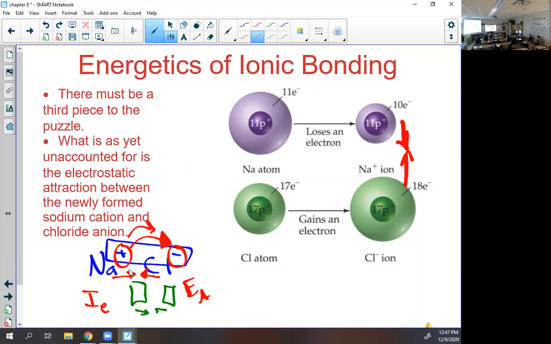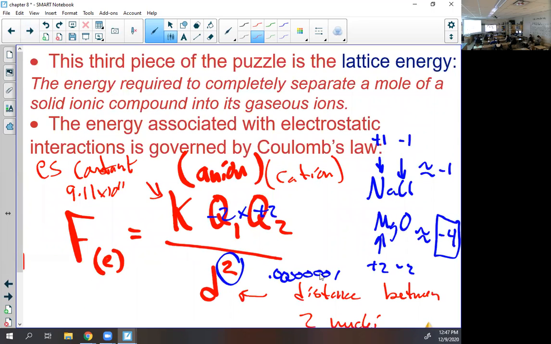That process releases energy. This energy is called the lattice energy, and it is the energy required to completely separate a mole of a solid ionic compound into its gaseous ions. The energy associated with electrostatic interactions is governed by Coulomb's law.